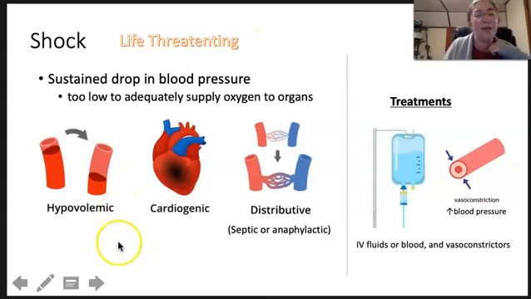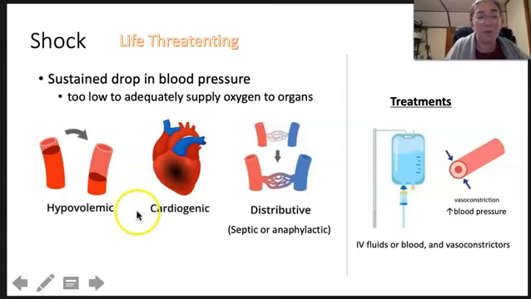And so there are different things that can trigger this drop in blood pressure. The most obvious, most textbook one, is hypovolemic shock. Hypovolemic literally means a low volume of blood. This can happen after severe blood loss.